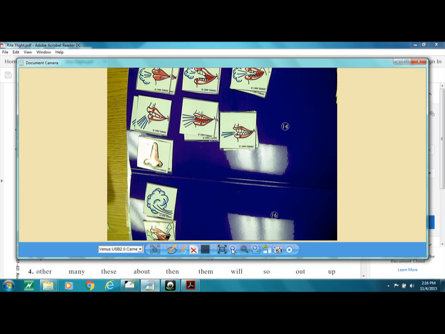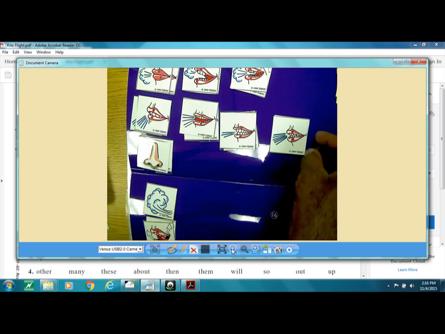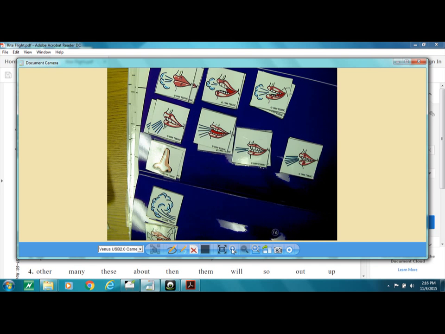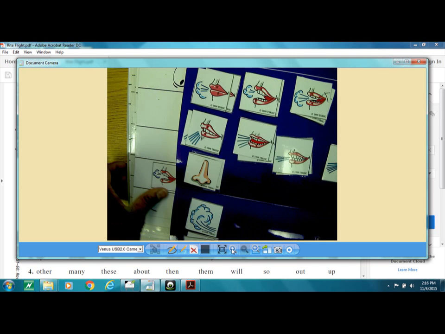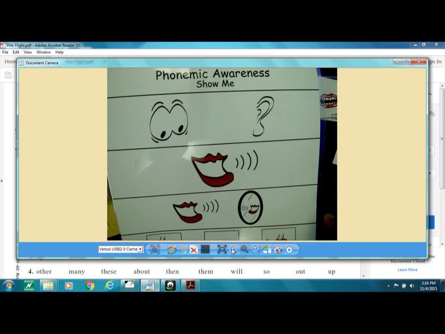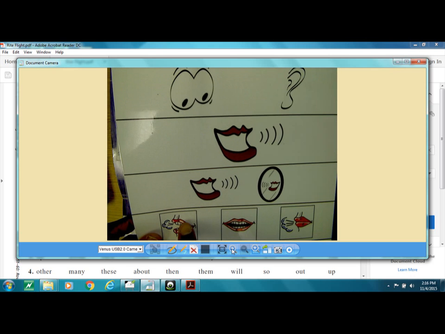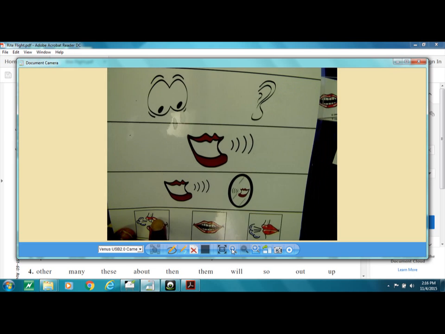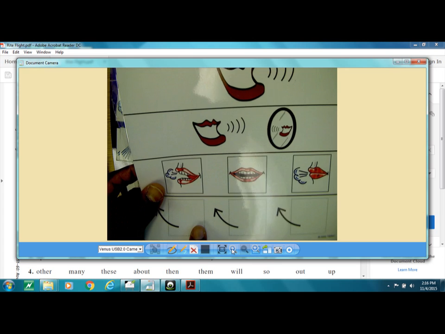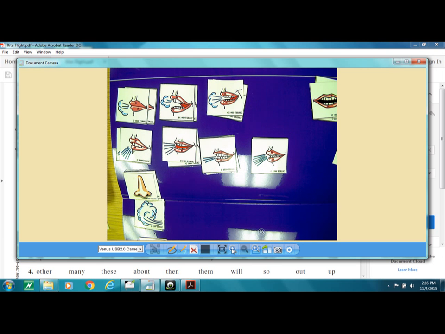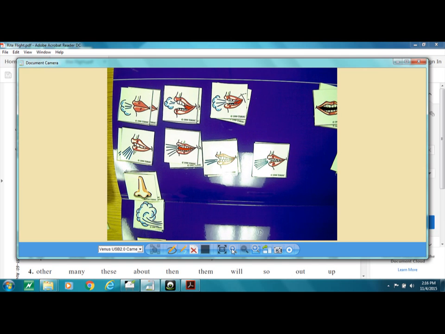Now, since yours should be in place, let's go ahead and begin. Remember, you're going to look and listen. Echo in your mirror. Pull down your sound pictures, label, and then you're going to replace them, put them back where they go. So let's begin. Number 1, d.